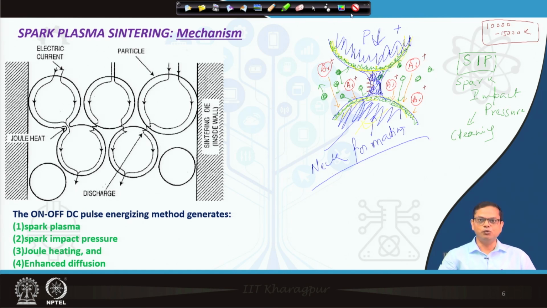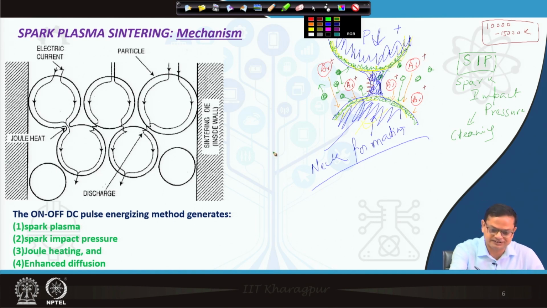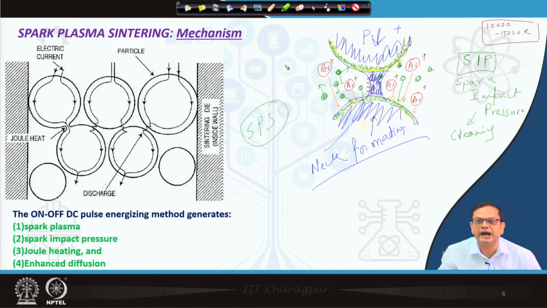Here I need to give you one more piece of information: there is a group of researchers who do not call it SPS, because they do not believe in the idea of spark generation and plasma generation ultimately.